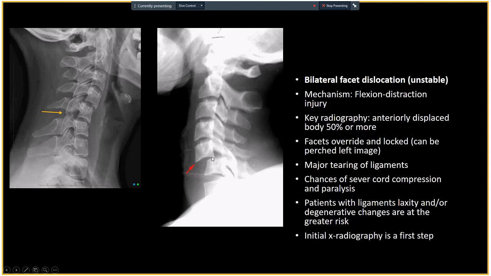In this case, what makes the diagnosis bilateral facet dislocation is that the vertebra above is translated or displaced anteriorly 50% or more on the vertebra below. That's usually a bilateral flexion injury without any rotation. On occasion, you can understand that it significantly compromises the spinal canal.